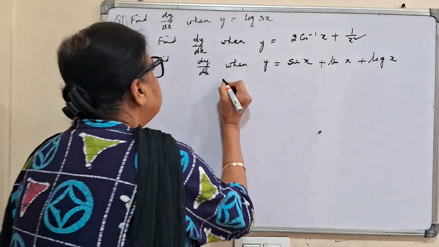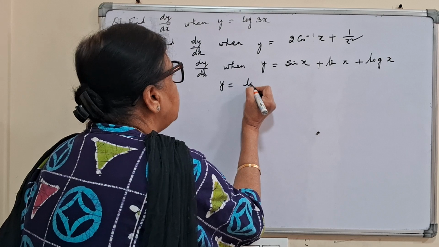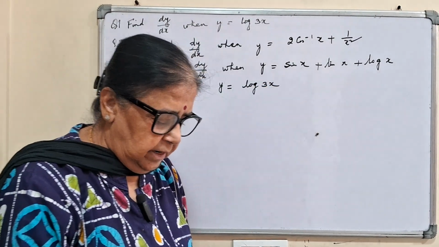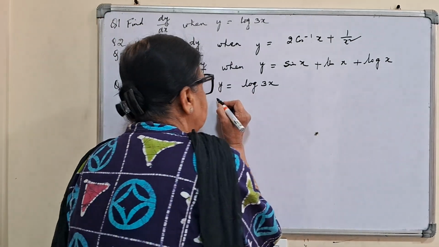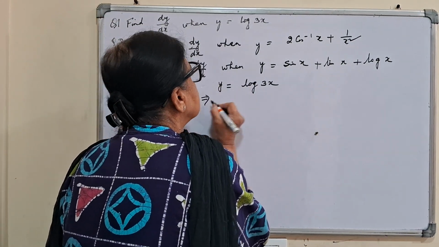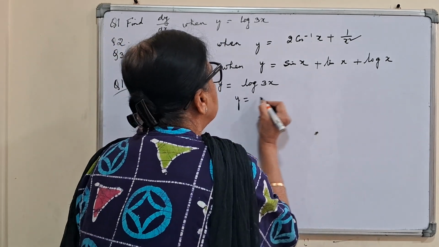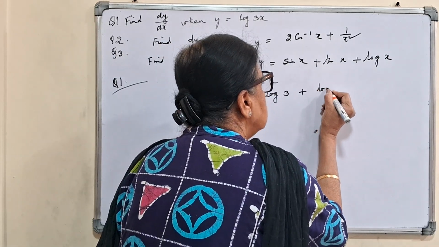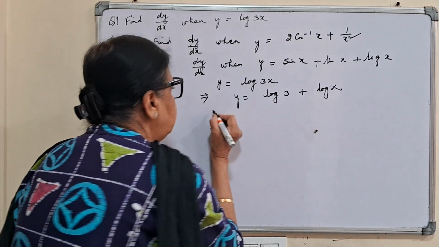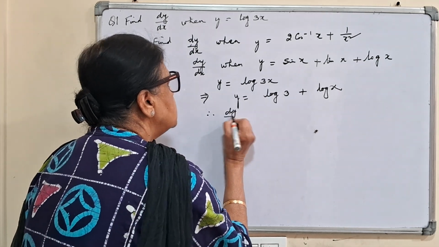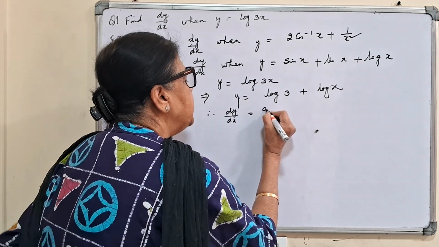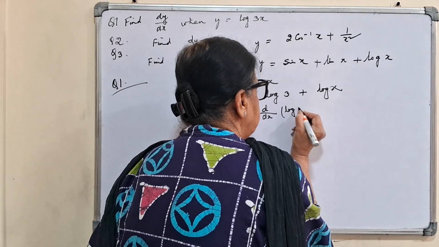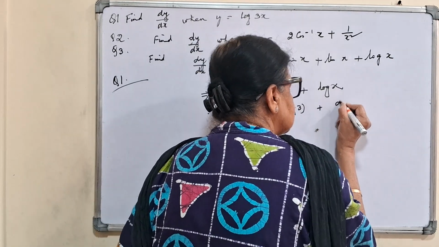Here y is equal to log 3x. I can write log of m times n is equal to log m plus log n, which implies y is equal to log 3 plus log x. Therefore, dy/dx is equal to d/dx of log 3 plus d/dx of log x.